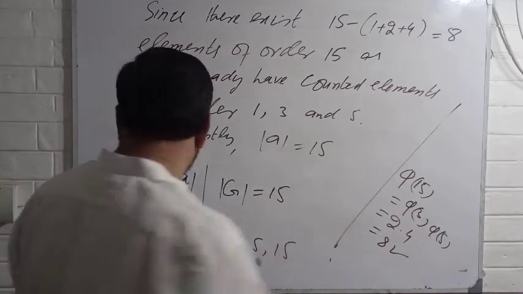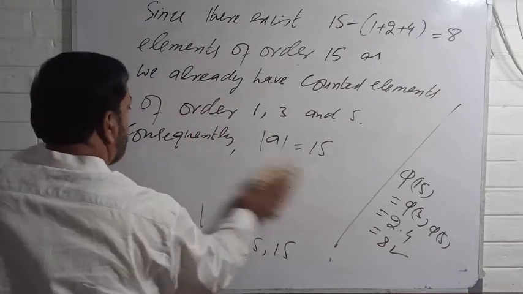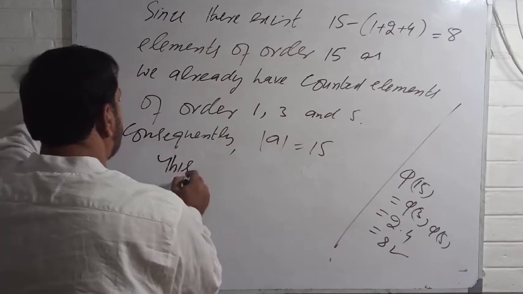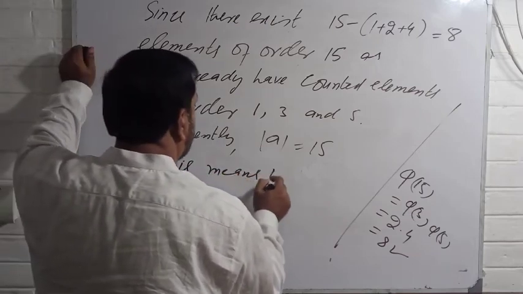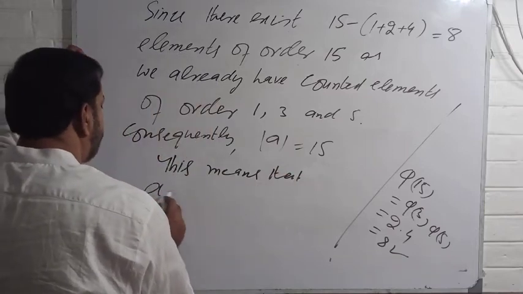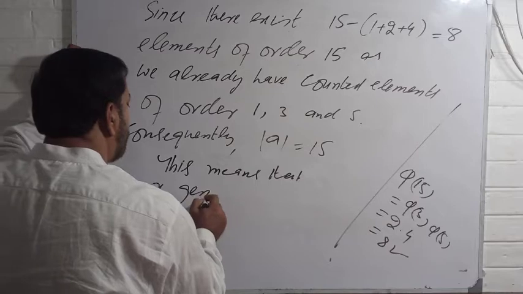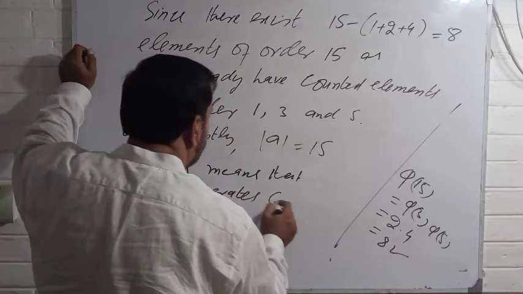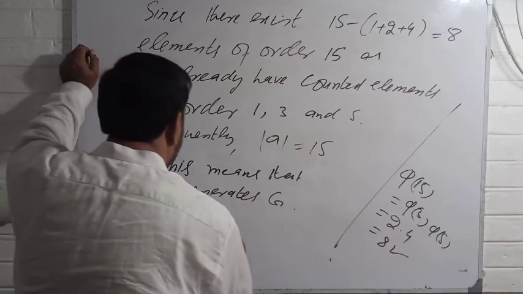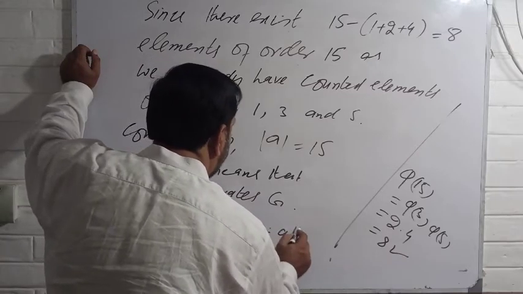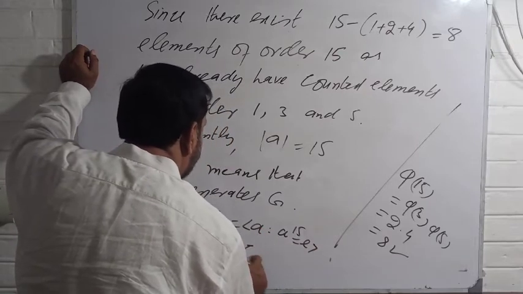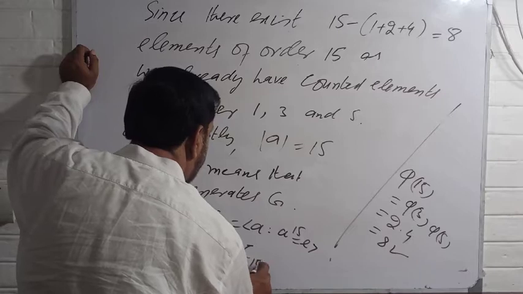This means that A generates G. That is, G is equal to the group generated by A, such that A15 is equal to e, which is isomorphic to C15.